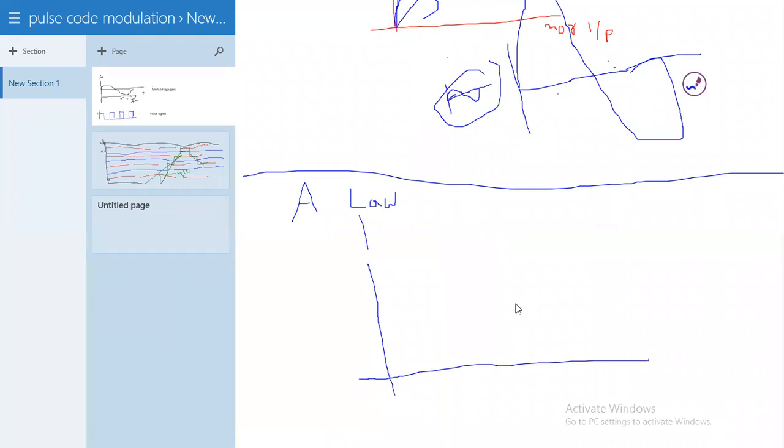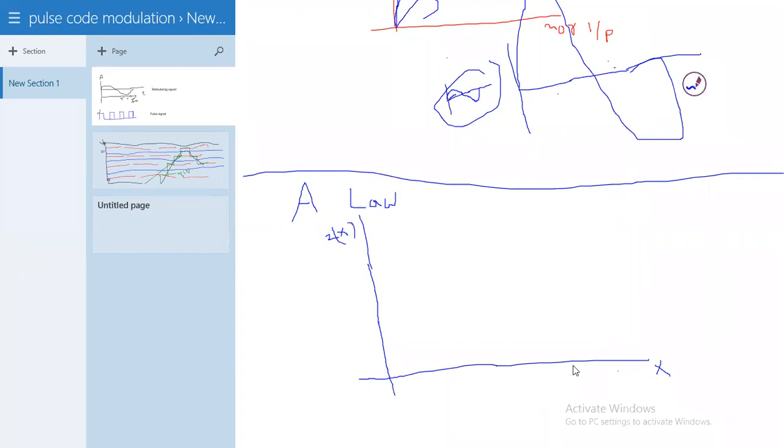The y-axis is the output z of x, and the x-axis is the normalized input.